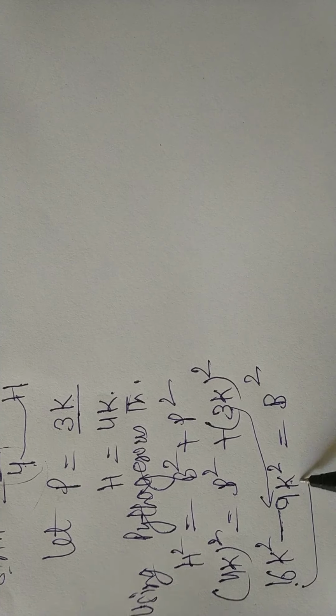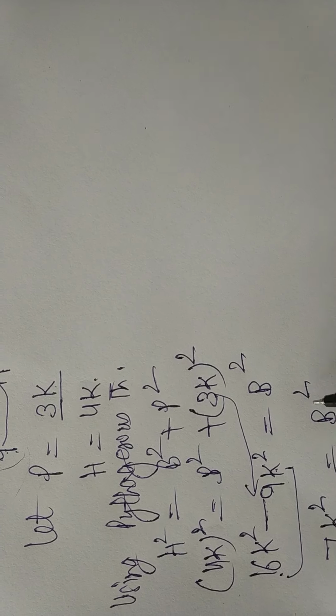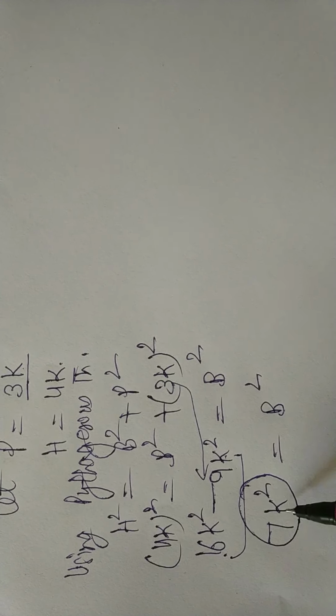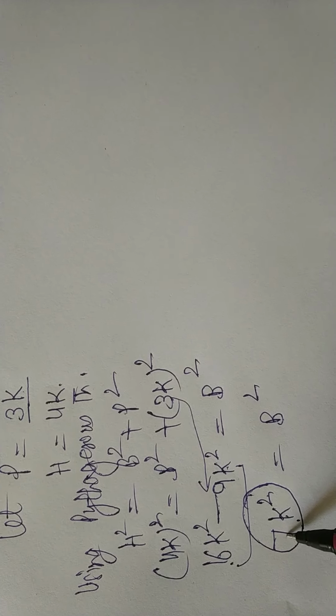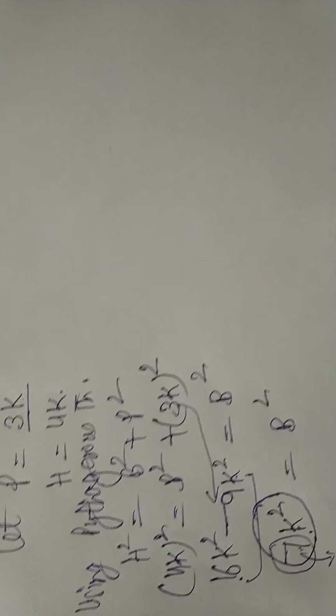So this minus this, I will get 7K square. So I have to write this value in the form of square. K is in the square, but this 7 is not in the form of square. So I will replace this 7 as root 7. Root 7 square and K square equal to base square. So square to square will cancel. So base will be equal to root 7K.